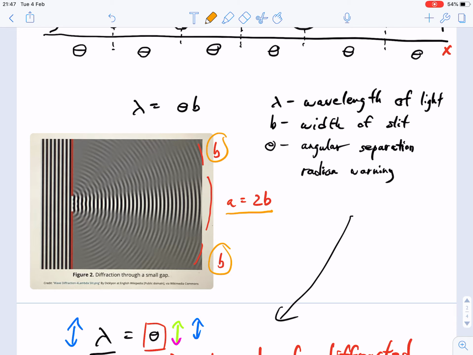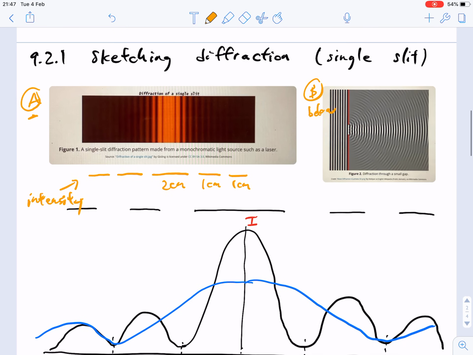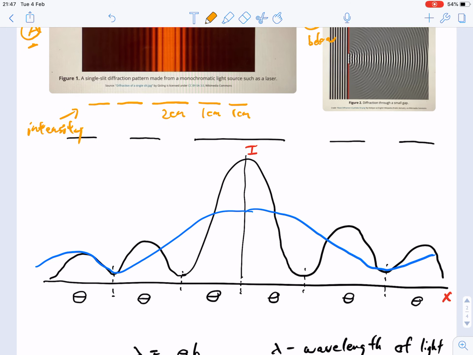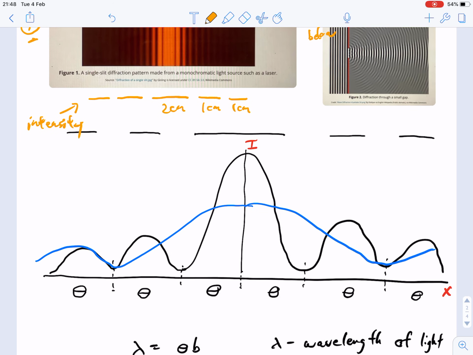So the central node is double the other nodes. So 2B, whereas the other nodes are B. And so you might be asked to sketch a diagram, something similar to the waves that you see right here. Okay, the line in blue we'll talk about in just a moment.